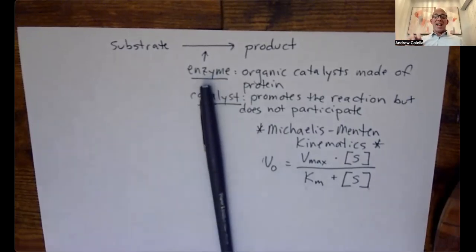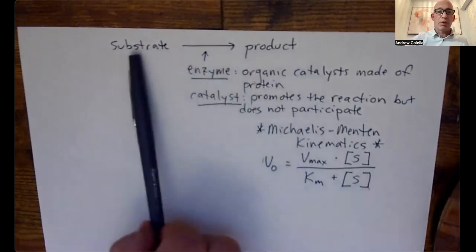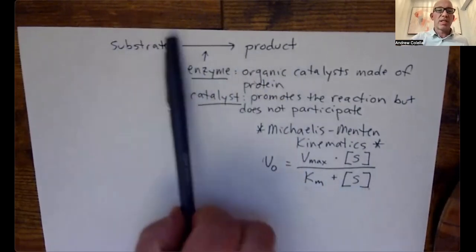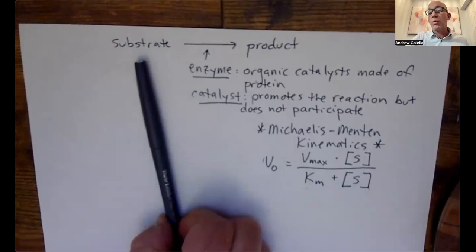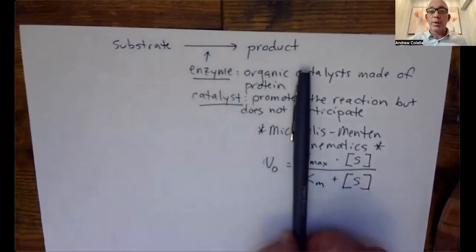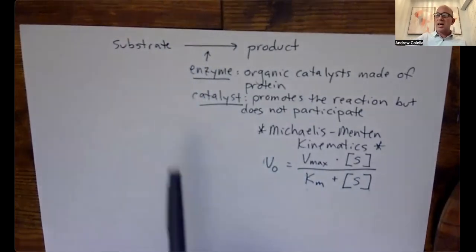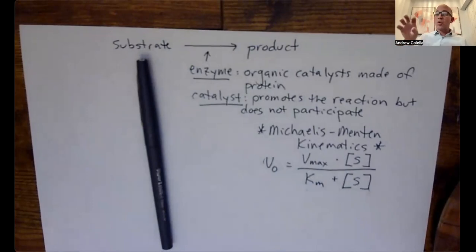They're proteins that act as catalysts for this chemical reaction. In physical chemistry, reactants change into products, reactants combine to yield products. Here we're going to talk about the term substrate. Substrate is the biomolecule the enzyme is going to act on to create the change that yields products.